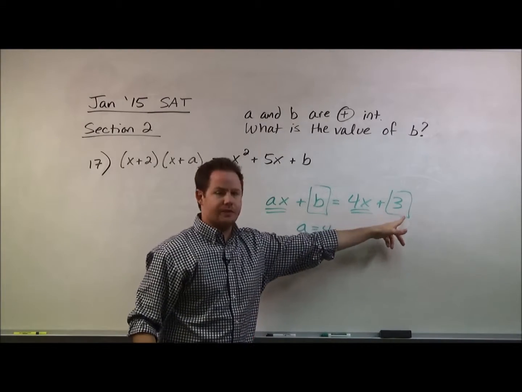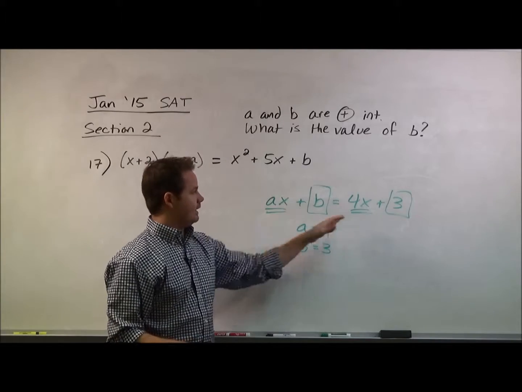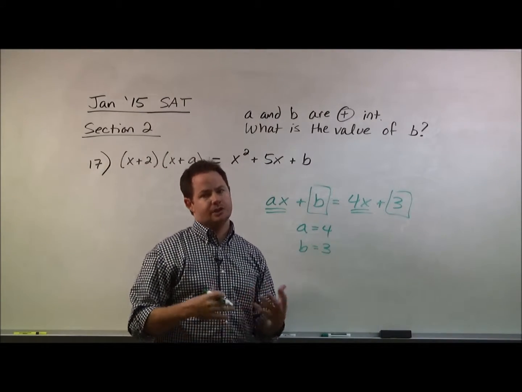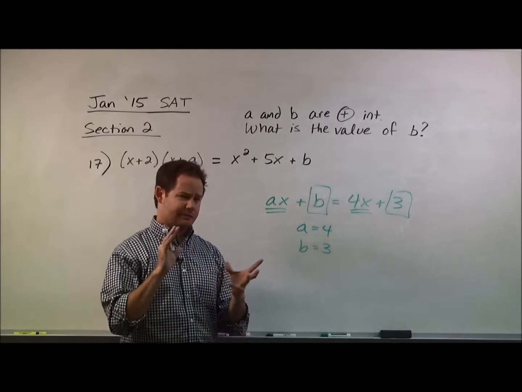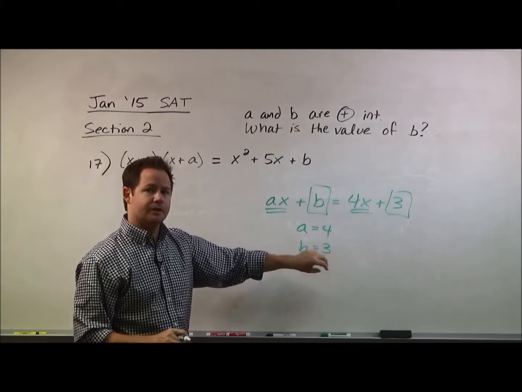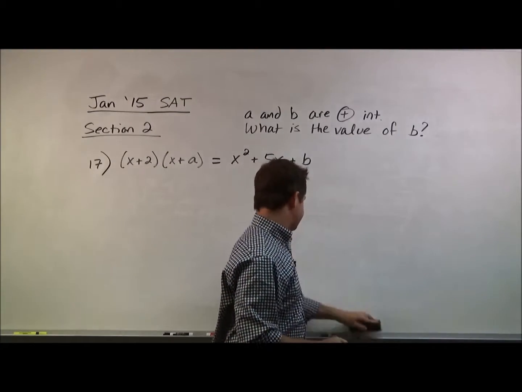B is on its own, 3 is on its own, so that's how we can make that relationship between a and 4 and b and 3. We're going to do something very similar in this question. It's just going to take a step to get there, and it's going to visually look a little bit more complex, but it's this same basic idea. So let's try it out on this one. I'm going to go ahead and erase this for the moment, and we'll take a look.